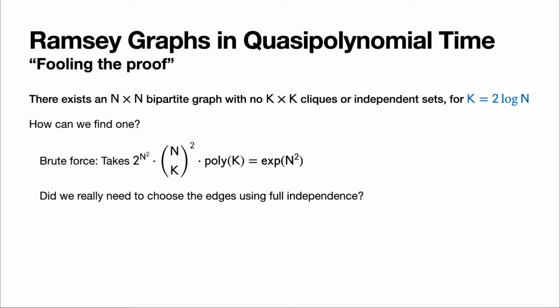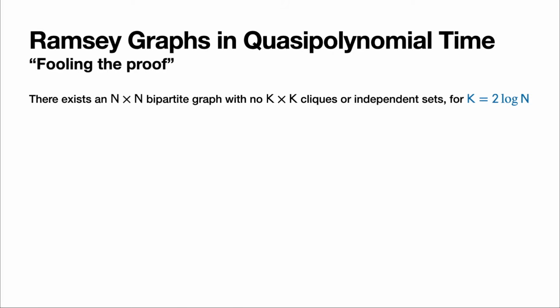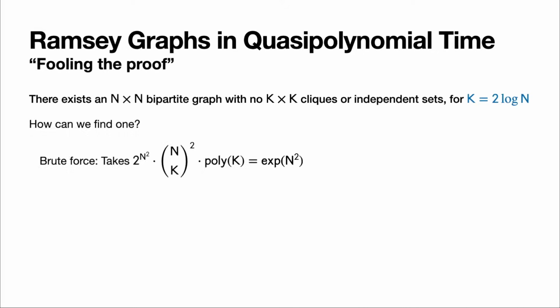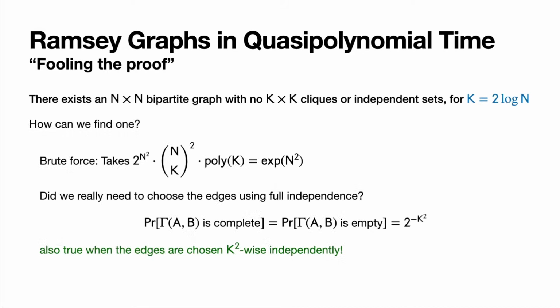But did we really need to choose the edges using full independence? So if you look at the proof, this equality holds even if the edges are chosen k squared wise independently. Okay?